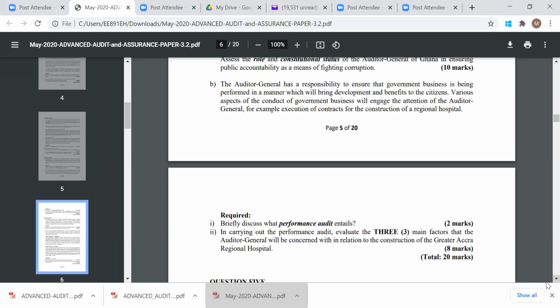Okay, so when we talk about performance audits, a performance audit is you are assessing the performance of something. It simply involves reviewing an organization's activities in relation to how efficiently and how effectively it has used its resources.